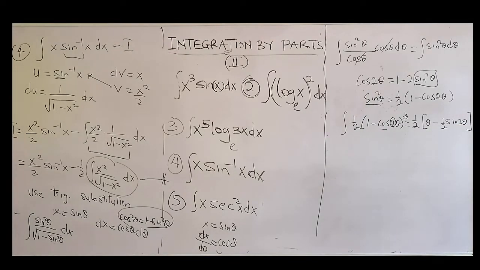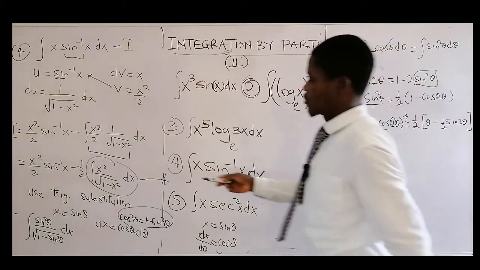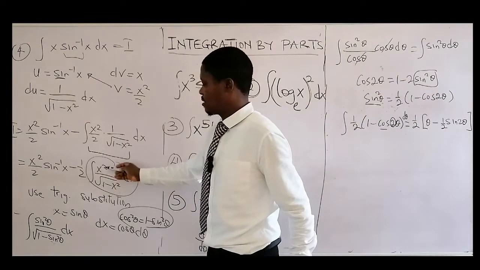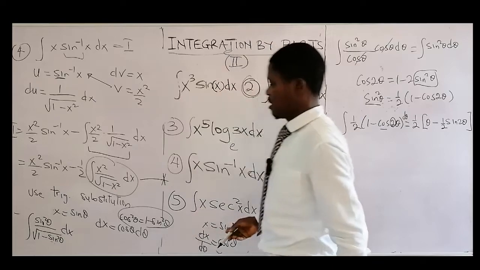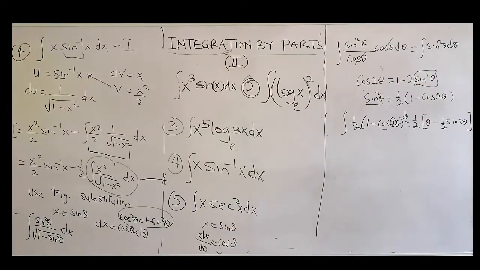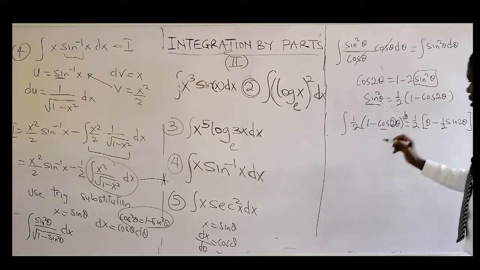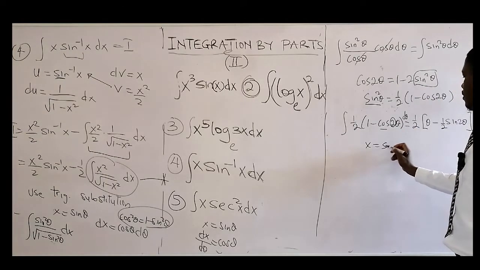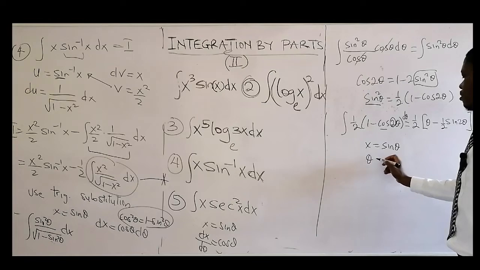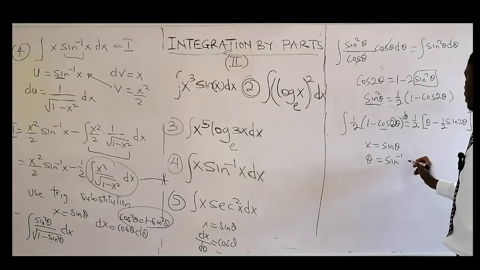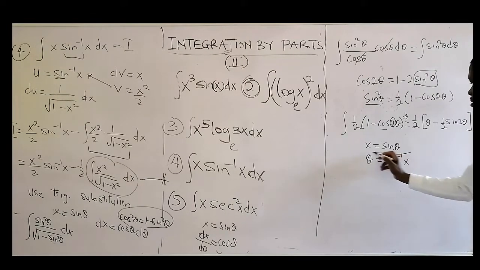But if you check the question, what we have is a function of x. Theta is not in the variable, so we have to substitute back. If x is sine theta, that means theta is what? Arc sine x.